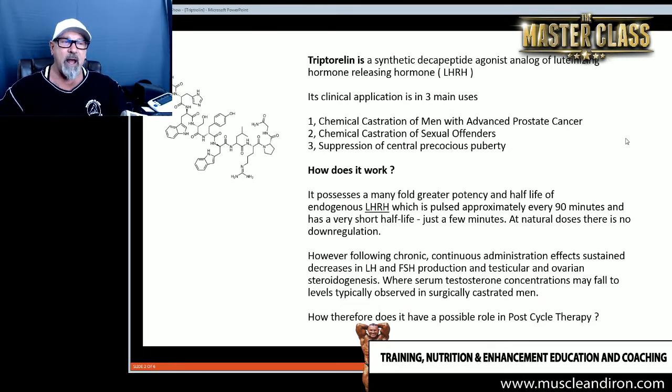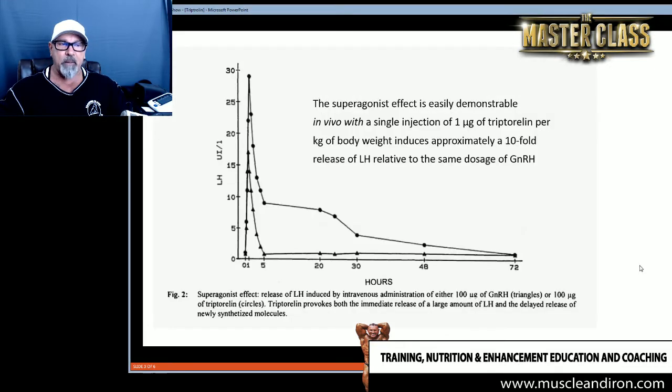So it's enough to understand at a 101 level, a primer level, that Triptorelin is a very potent analog of GnRH. Okay, so when you give Triptorelin to someone, the consequence is that it is a super agonist. It produces a very potent outcome when compared to natural GnRH.